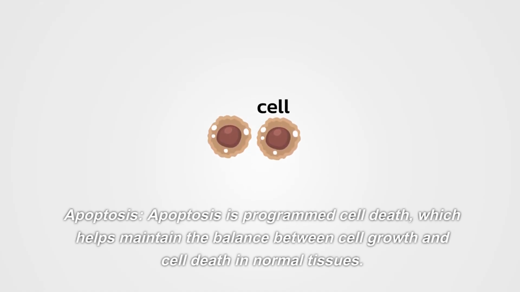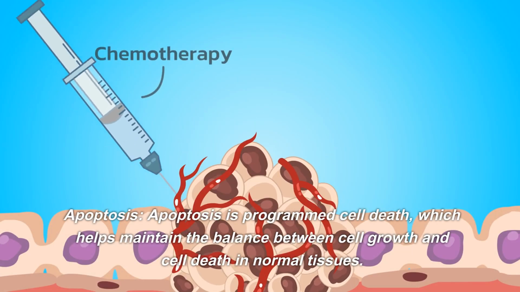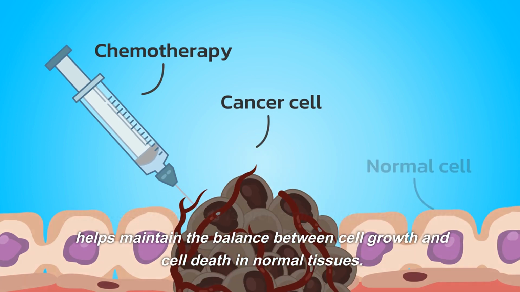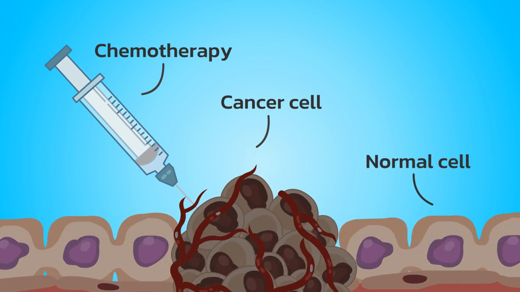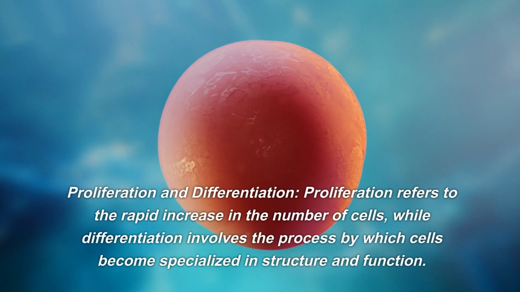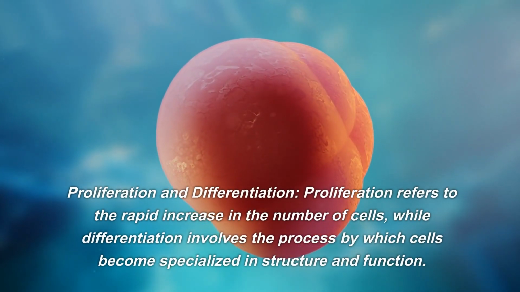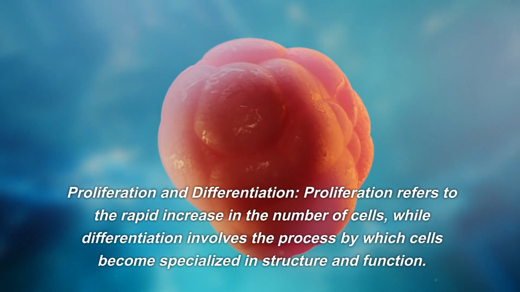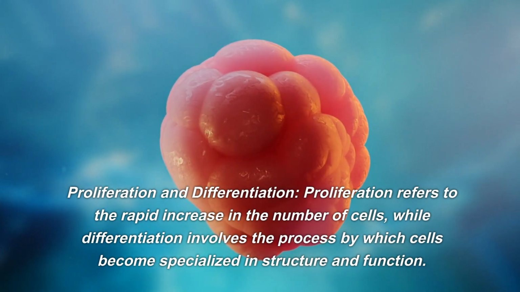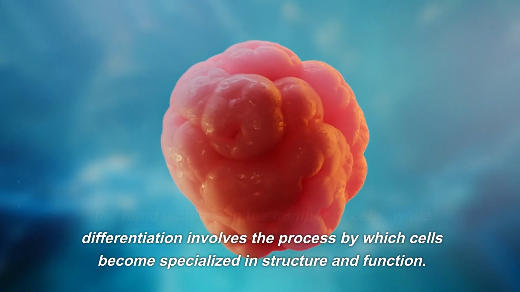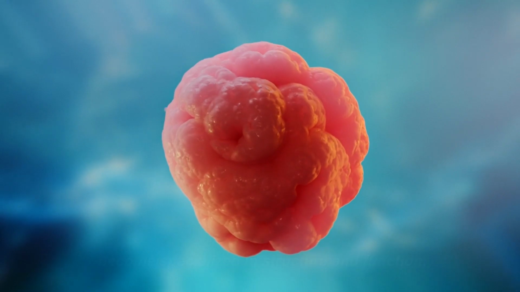Apoptosis. Apoptosis is programmed cell death, which helps maintain the balance between cell growth and cell death in normal tissues. Proliferation and differentiation. Proliferation refers to the rapid increase in the number of cells, while differentiation involves the process by which cells become specialized in structure and function.